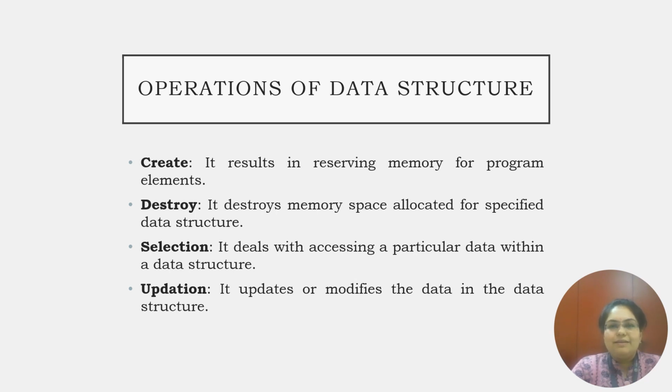You can select any specified data by giving a condition in a loop. So basically it deals with accessing particular data within a data structure. Updation. It updates the data in the data structure. You can also update any specific data by giving some condition in a loop, like the select approach.